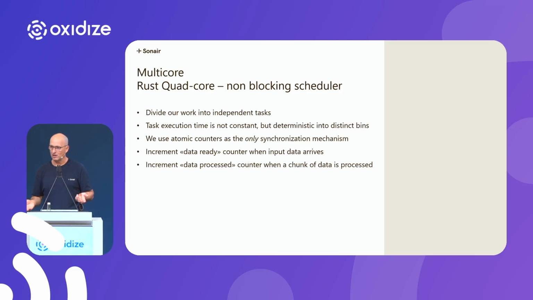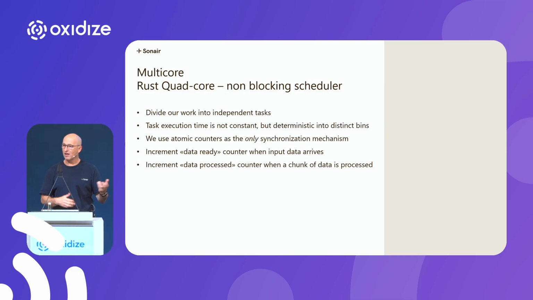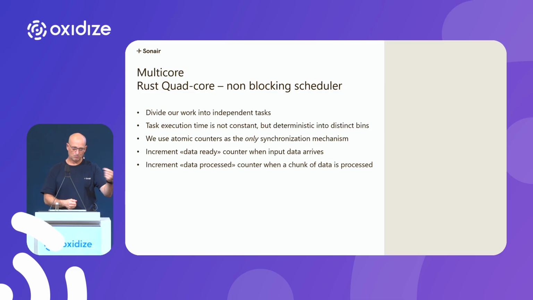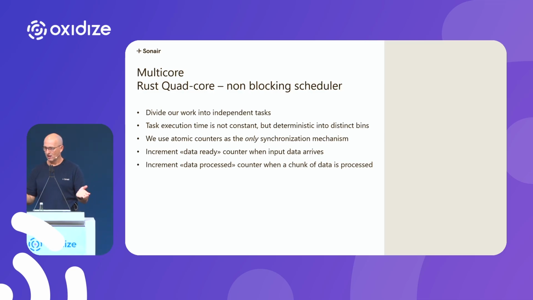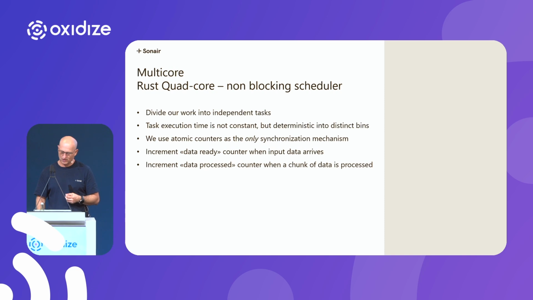So it miraculously appears in RAM, which of course is a bit contradicting to Rust idioms, hence unsafe in several places. But we know when it comes, and then we increment a 'there is something to do' counter, an atomic counter. And then the other cores say, oh, is there something for me to do? Yeah, there is. Picks one atomically, and then once it's done, it increments the 'I've done it' counter. So that's how we hand out the data.